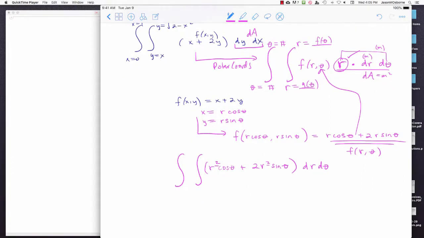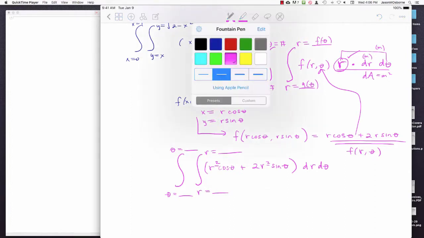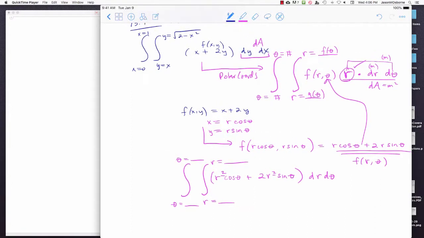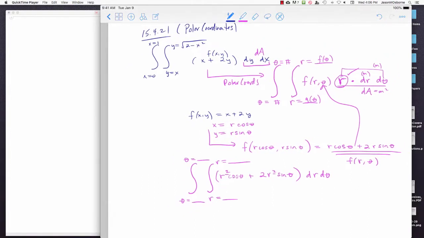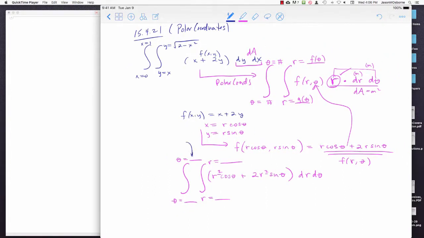Now we need to fill in r equals something to r equals something else, theta equals something up to theta equals something. To figure this out, we need to be very careful about the region of integration.